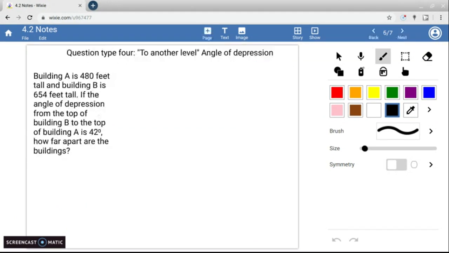This is the last kind of question that is to another level of angle of depression. That doesn't sound fun, and this is the kind of question that's hard, so you still have to know how to do it though.